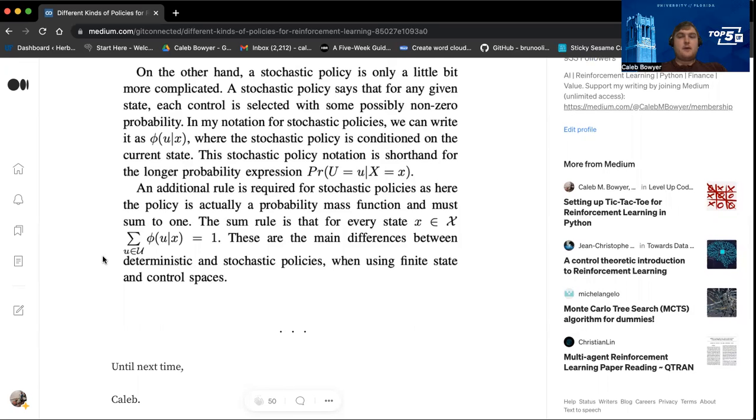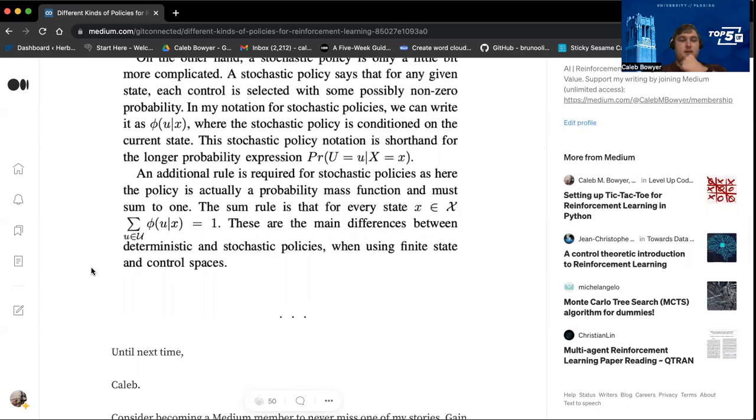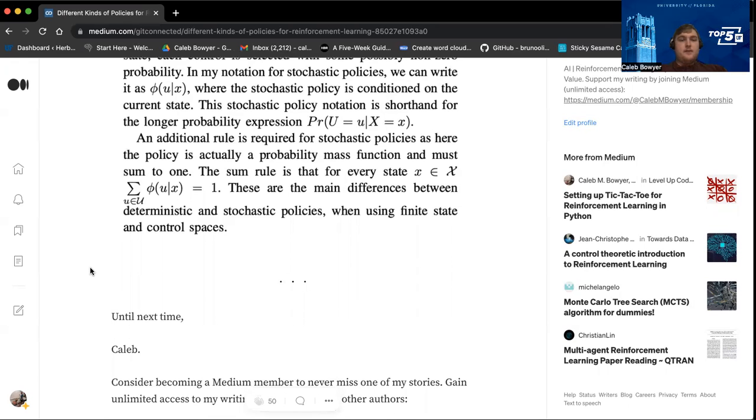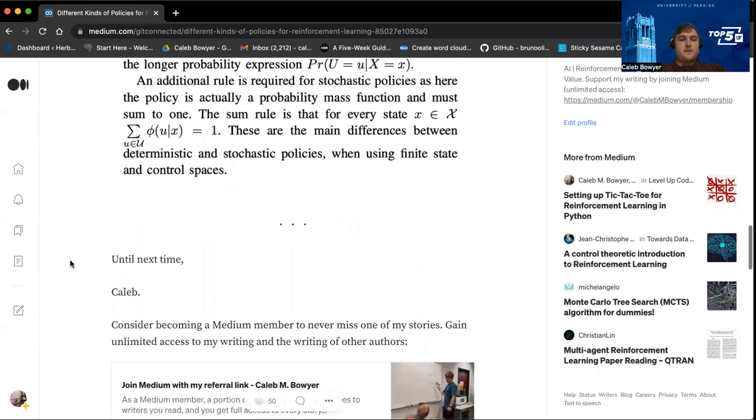The values of the distribution or the density or the PMF can be 0 or positive, but they can never be negative, and they must sum to 1. These are the main differences between deterministic and stochastic policies as used by agents in reinforcement learning scenarios when using finite state and control spaces.